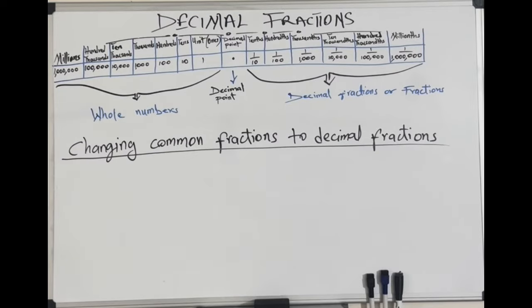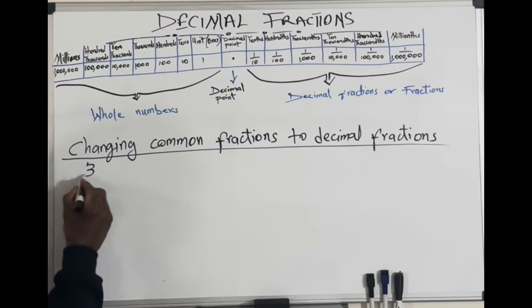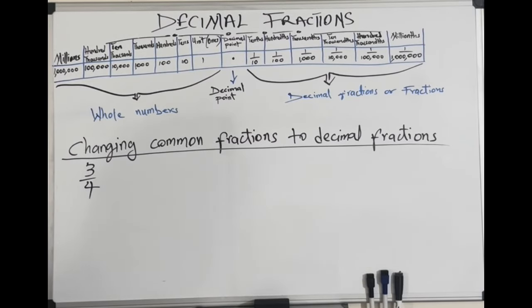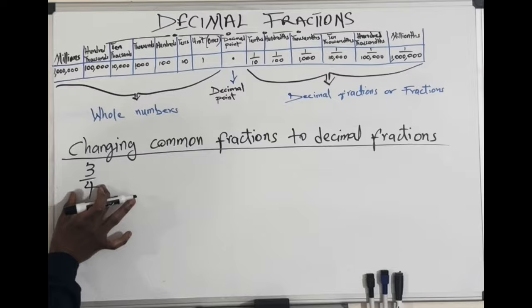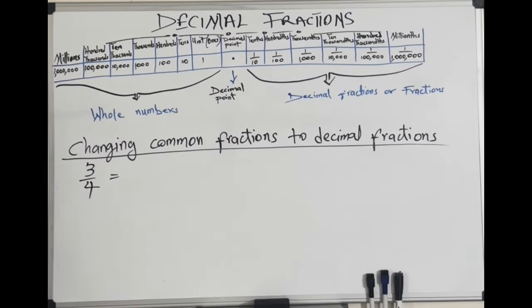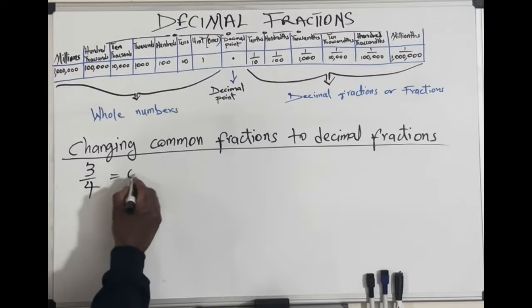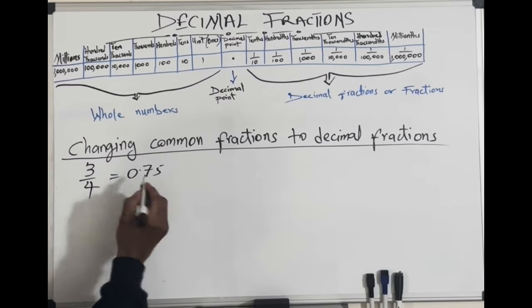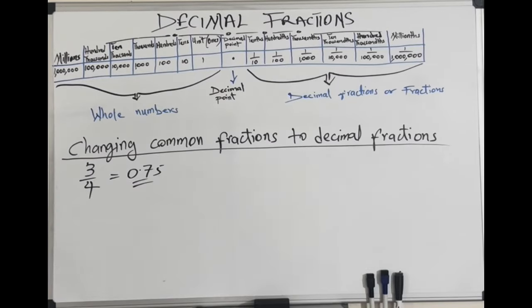Okay, so we have 3 over 4 as a common fraction, and then you are told to change to decimal fractions. If you are timed, you just put in 3 divided by 4, get 0.75, and you are done.